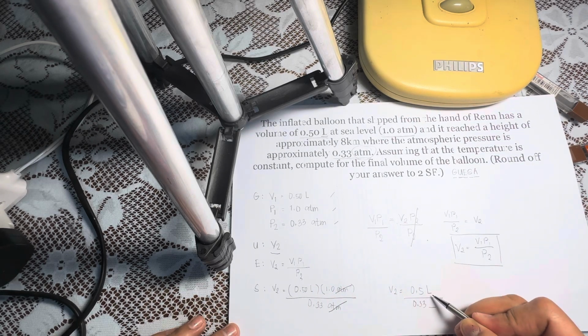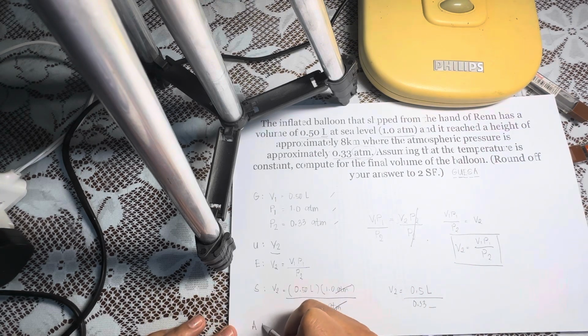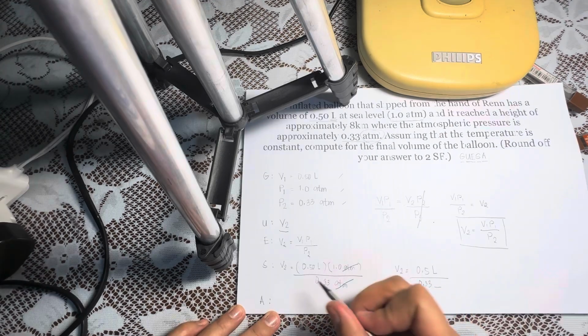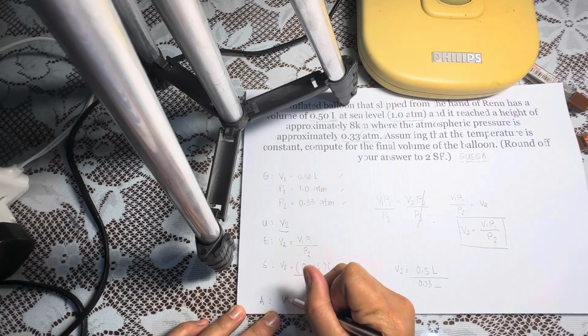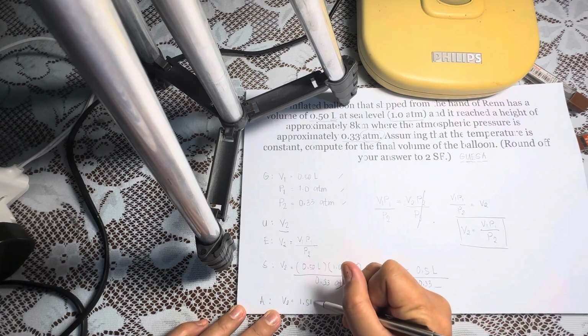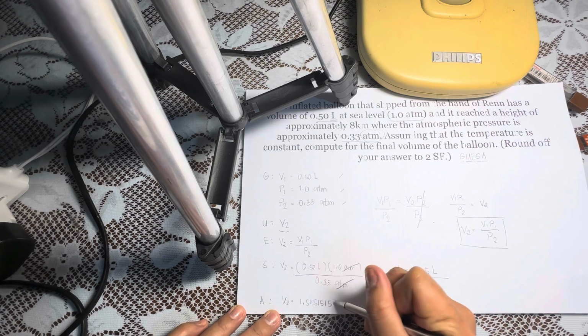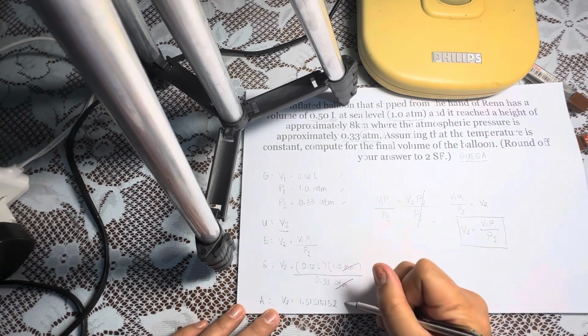So 0.5 liter divided by 0.33. That gives you the answer, which is, what is the answer? It's 1.51, 51, 51, 52 liter. Okay.